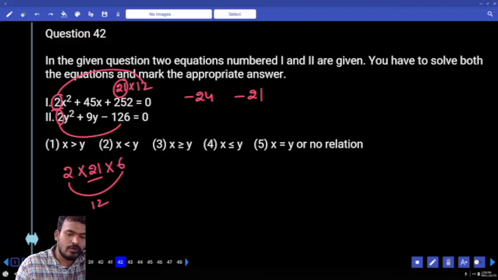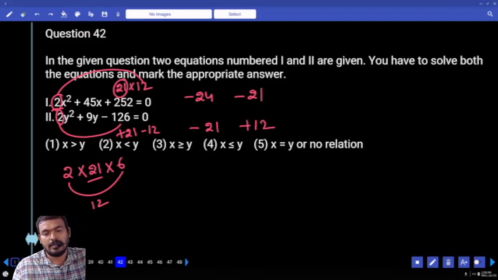Yes or no? One will be plus 21. Another one is minus 12. Initial roots. But final roots minus 21. Another one plus 12. First of all, negative 24 compared to negative 21, less than. Negative 24 compared to positive 12, less than. Negative 21 and negative 21, equal. Negative 21 and positive 12, less than. What is the answer? X is less than or equal to y.